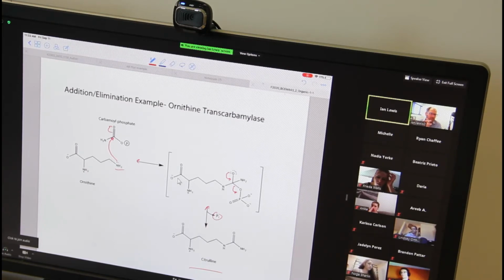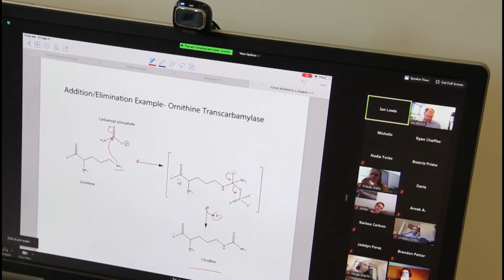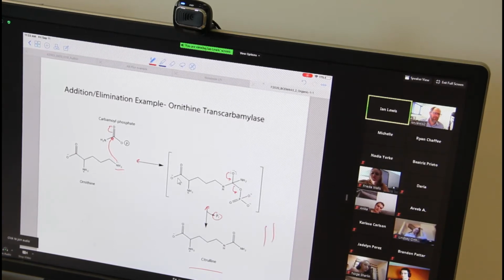And many of them will go back and forth, and what drives them forward or backwards is the concentrations of products and reactants. So if you had lots and lots of citrulline, lots of phosphate, this would go backwards, although there's a big negative delta G going in this direction. So this is the happy direction to move, but you can move things backwards by changing the concentrations of products, right?